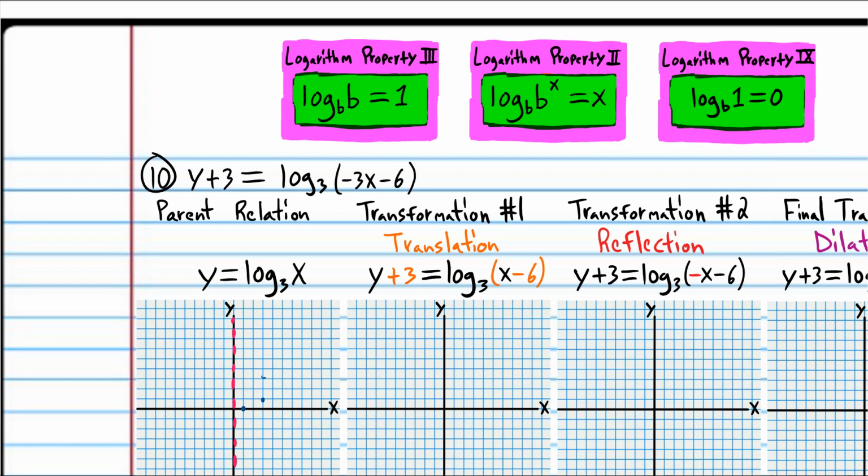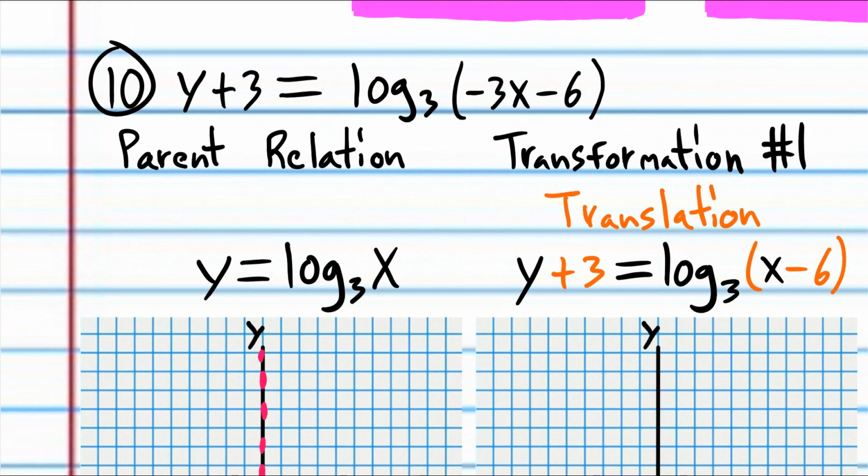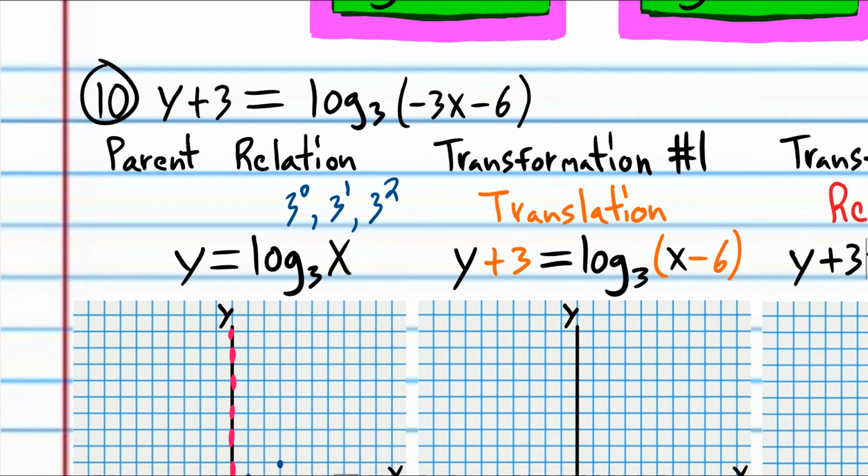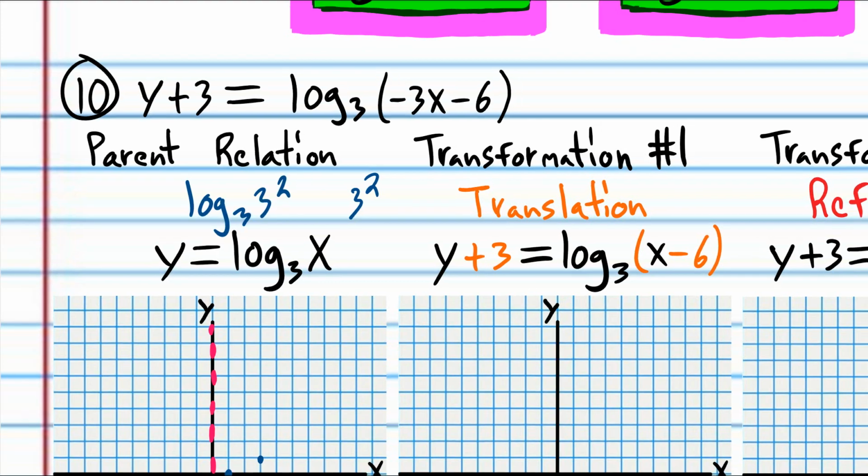And at this juncture, we need to use logarithm property 2. We need to plug in powers of 3. So powers of 3 are 3 to the 0 power, 3 to the first power, 3 to the second power, so on and so forth. So we've already used these principles here. We need to plug in 3 to the second power. If we plug in 3 to the second power, then we get log base 3 of 3 to the second power.